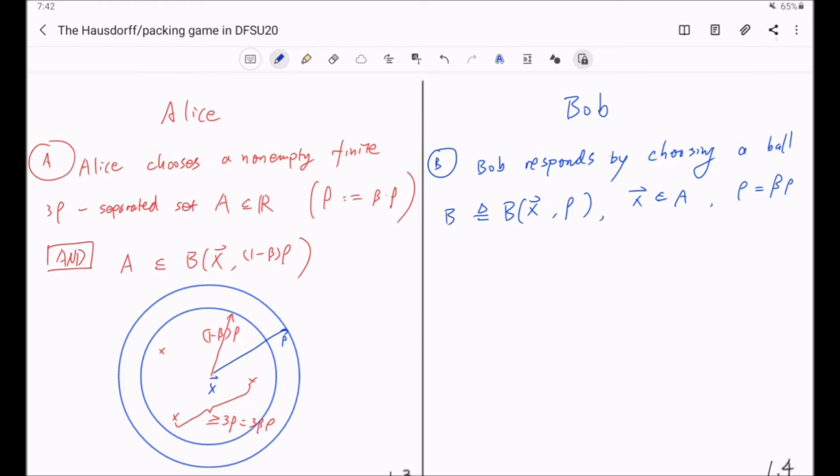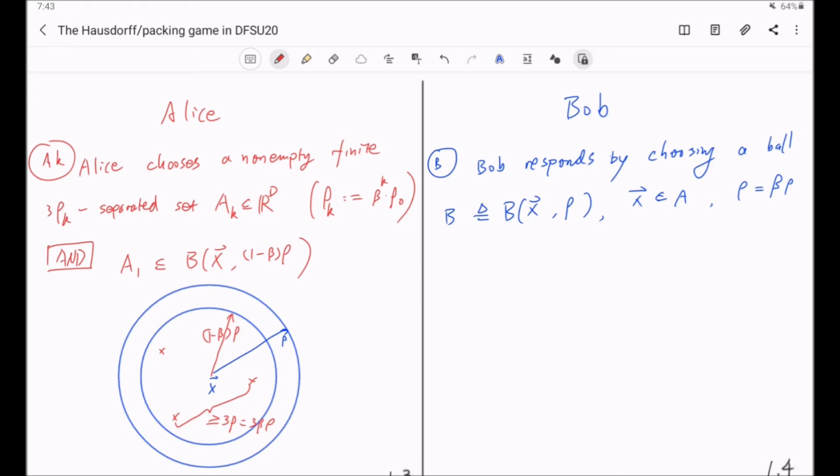And in general, in the kth round, Alice will choose a non-empty finite 3 rho k separated set A sub k in R^d, where rho sub k is beta raised to the power k times rho naught.